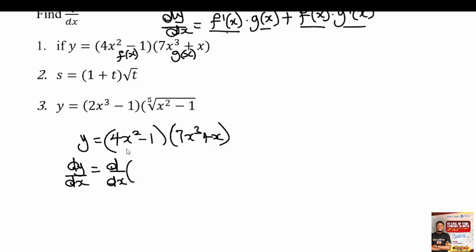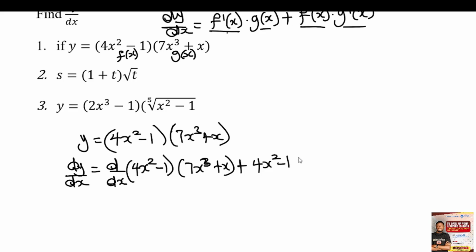And so by the product rule, we are going to differentiate, dy on dx equals d dx of the first function 4x squared minus 1. We keep the second one, so we are going to keep the second one. And so we have 7x cubed plus 6. Then we differentiate, we keep the first one constant, then we differentiate the second one as well.